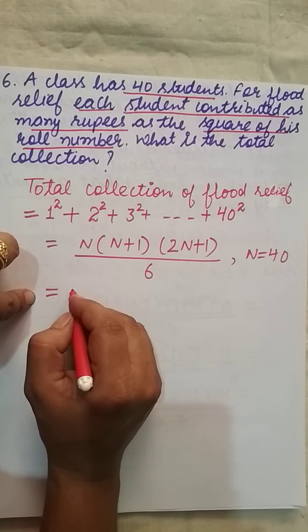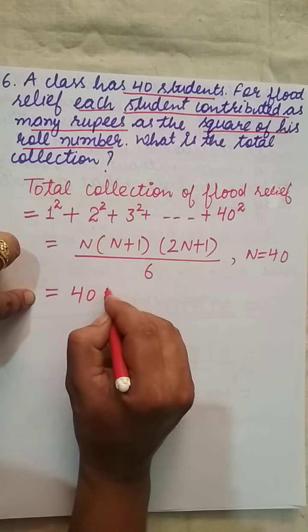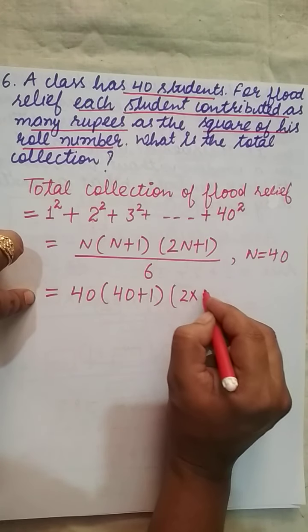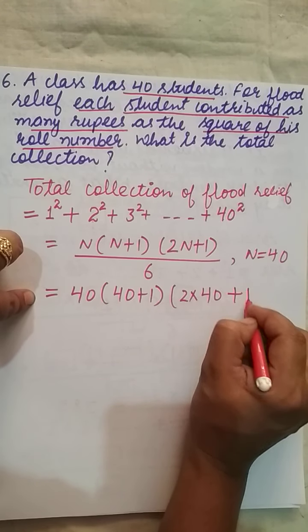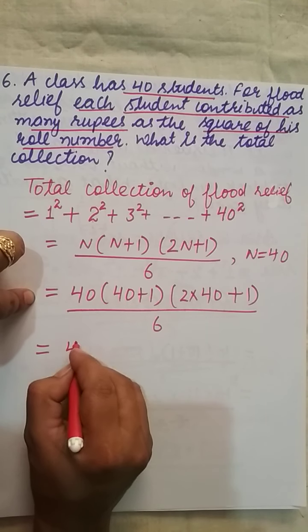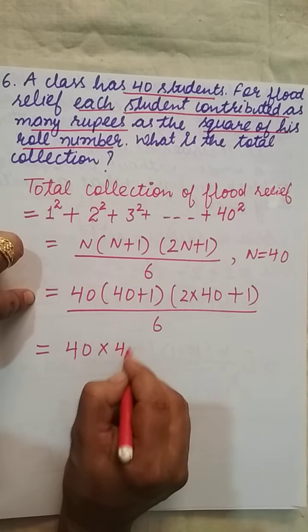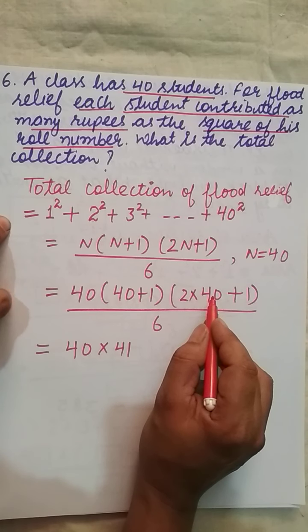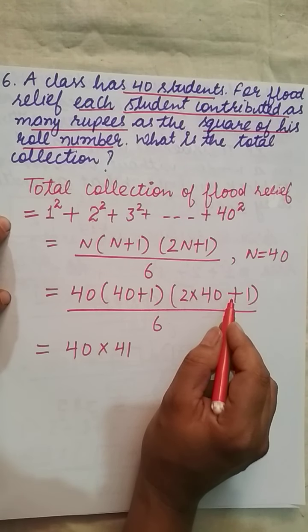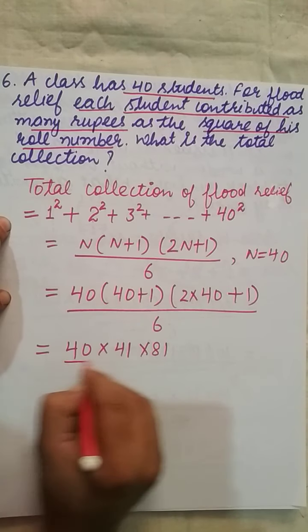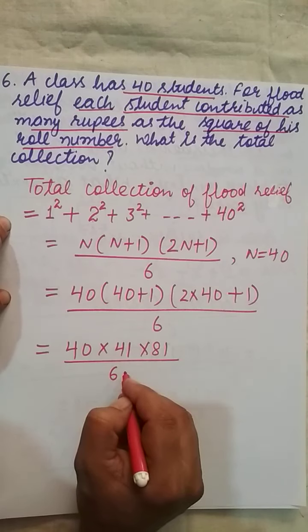So substitute the value: 40 into 40 plus 1 into 2 multiplied by 40 plus 1, divided by 6. So here 40 multiplied by 41, 2 fours are 8, this is 80, 80 plus 1 is equal to 81, divided by 6.